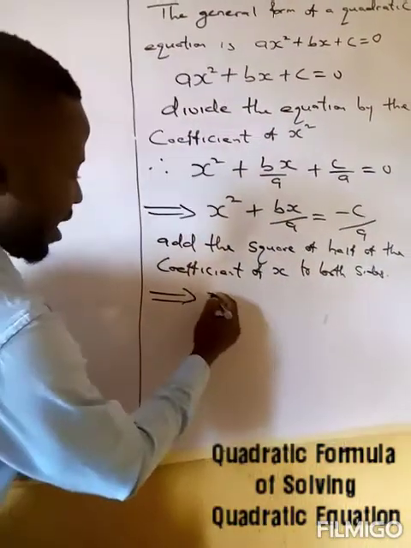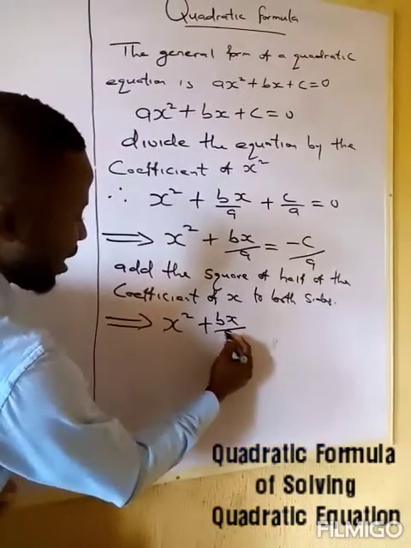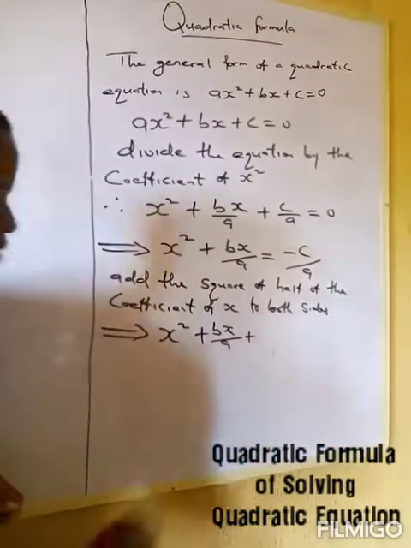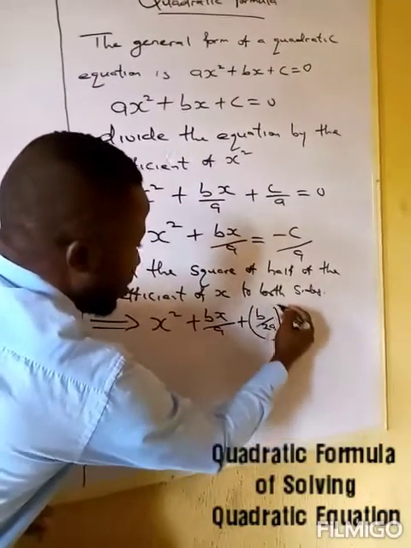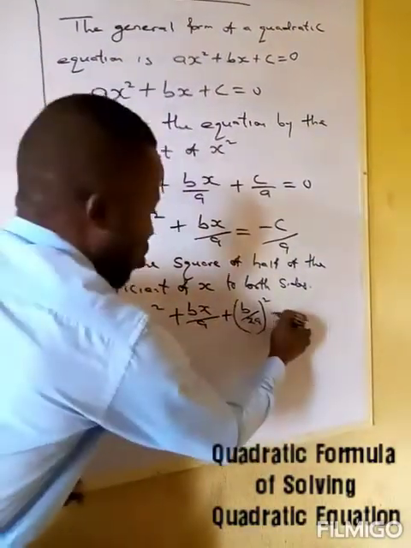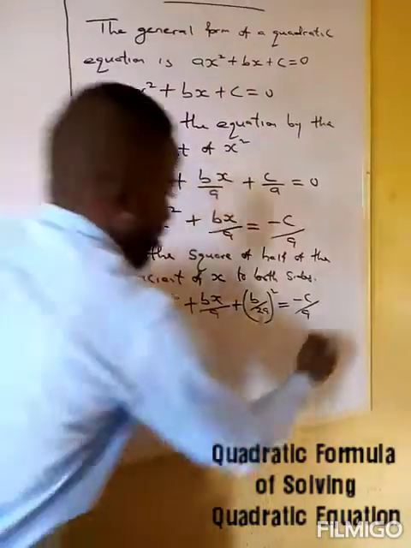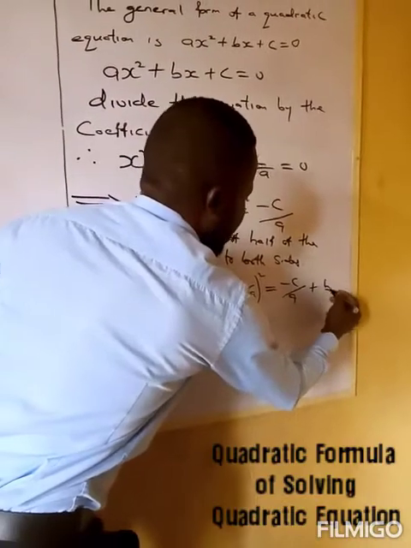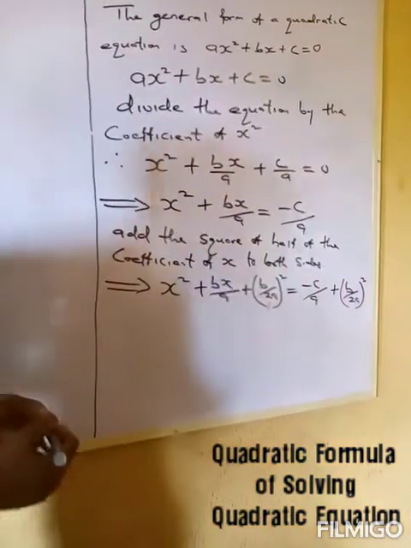It implies s squared plus bs over a plus b over 2a all squared equals minus c over a plus b over 2a all squared.